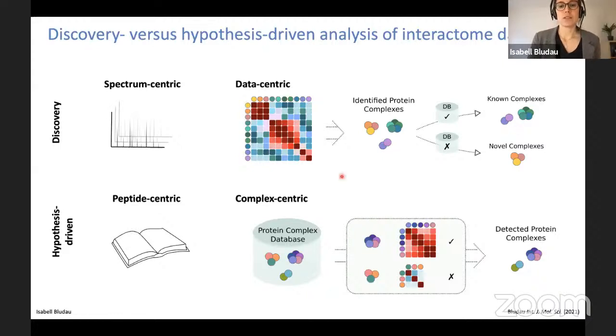We can adopt an analogous approach that we call complex-centric for interactome analysis. Here we can take a protein complex database, such as the CORUM complex database, and then look for evidence of these protein complexes in our data to see if these proteins are actually highly correlated, to call this complex detected, or if they are not correlated at all, so this complex would not be detected.